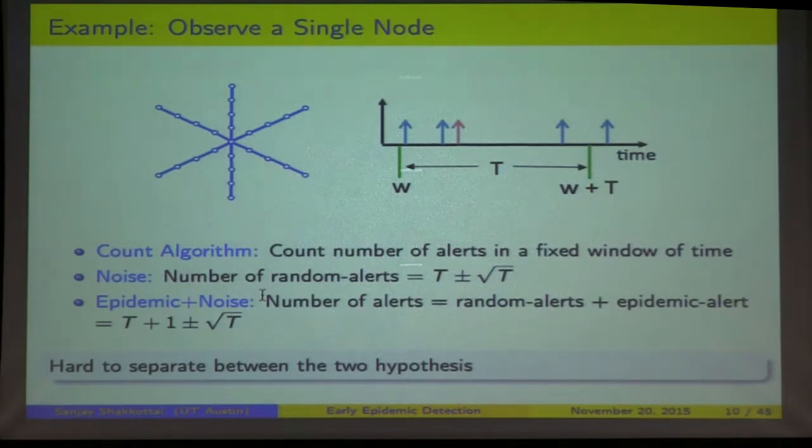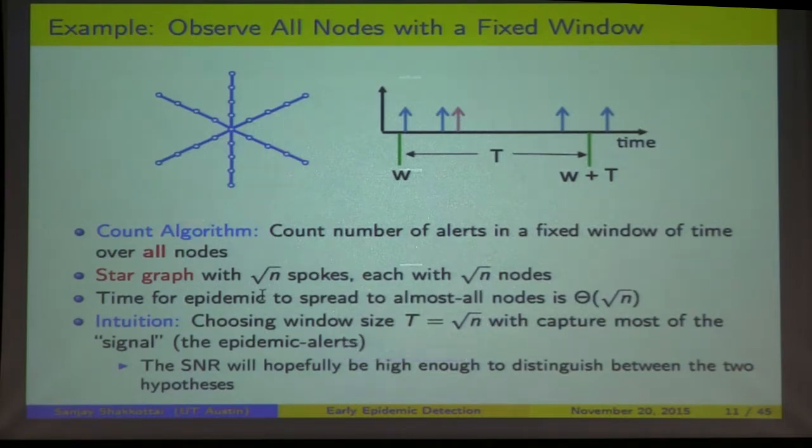Clearly, you cannot do it in this setting. However, now let's do the following. You know that the graph is of size root n, right? The epidemic is spreading at rate 1. Let's say beta equals 1 for simplicity. It doesn't need to be, but for simplicity, let's do it. Look at any particular spoke from here to here.